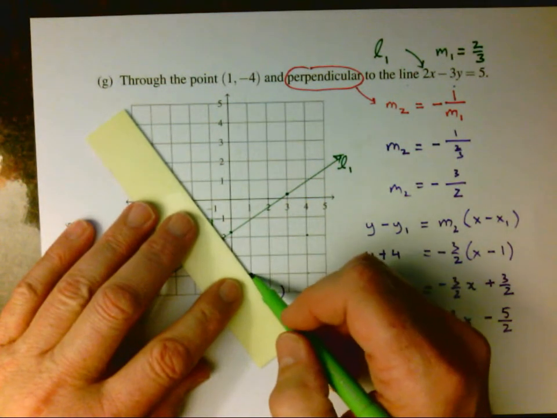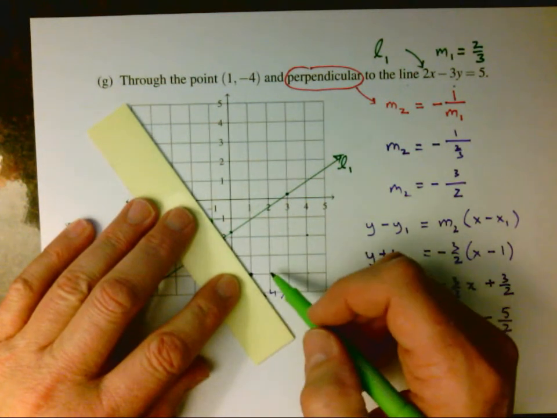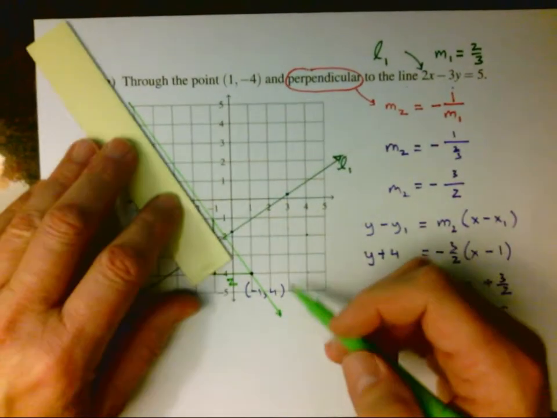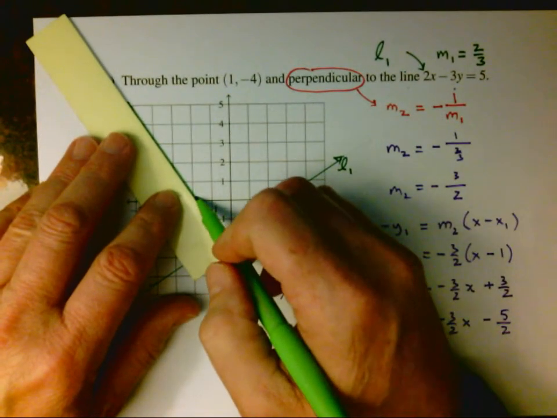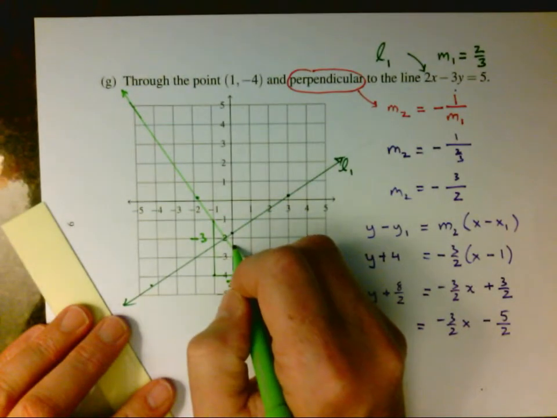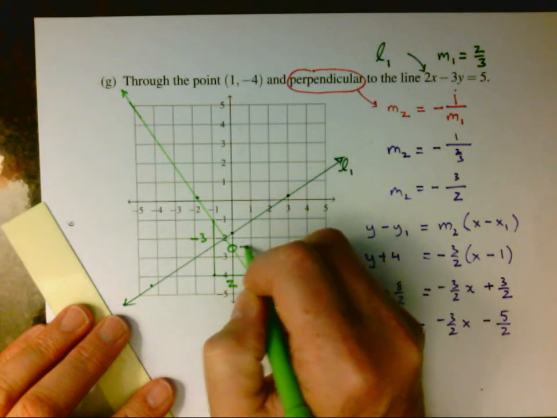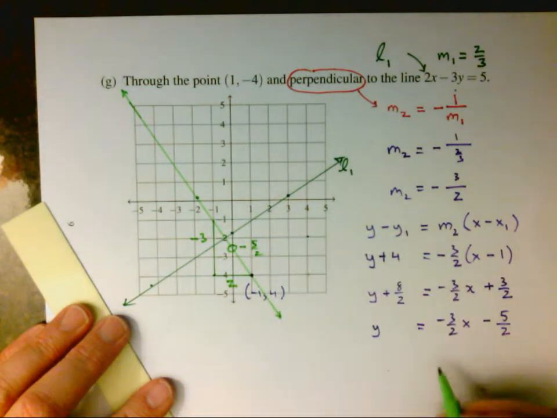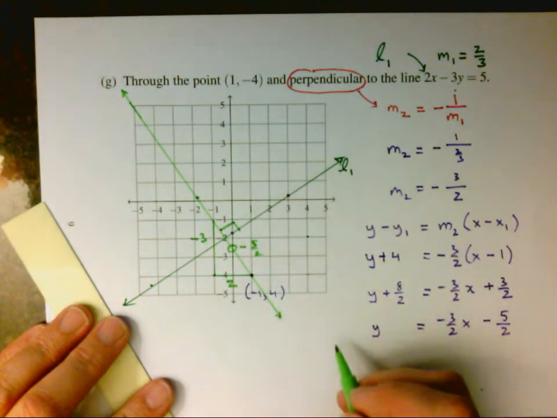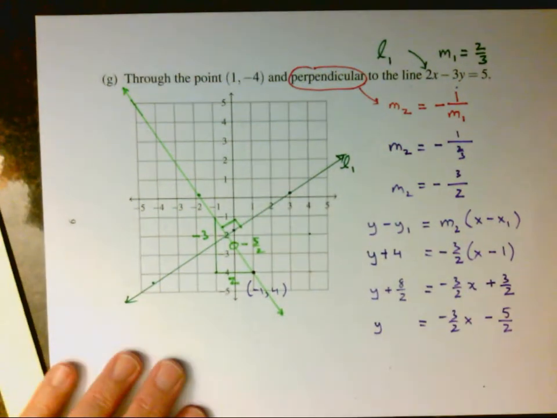And if I connect those 2 points now, notice that right there is negative 5 halves, negative 2.5. And those 2 lines are perpendicular, which is what we wanted.